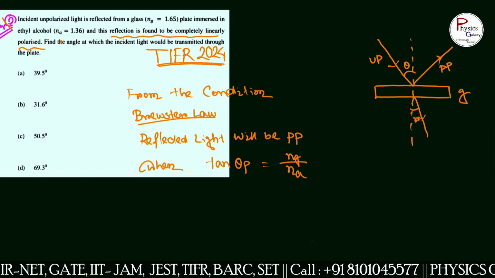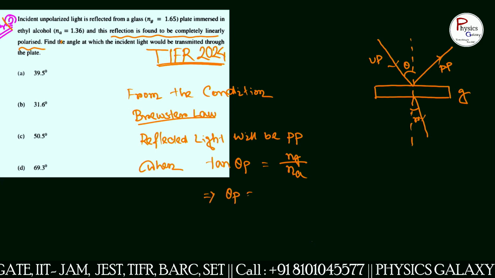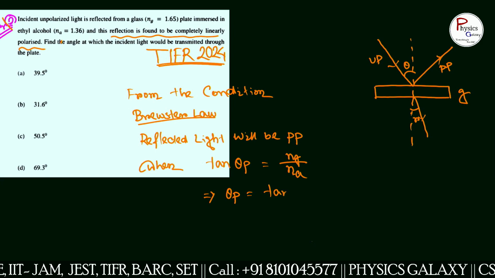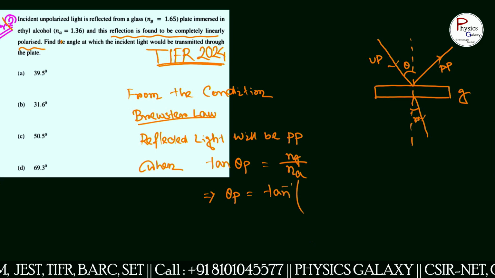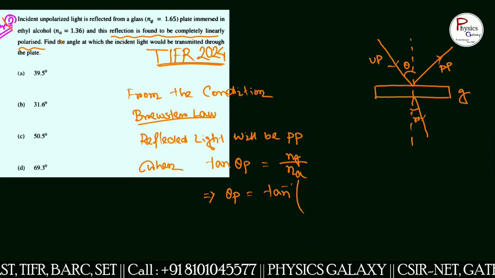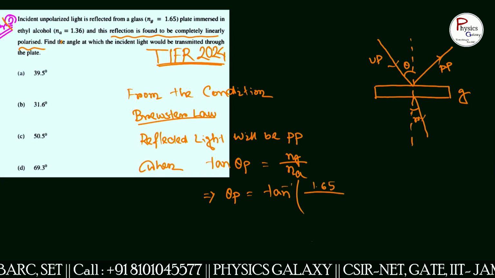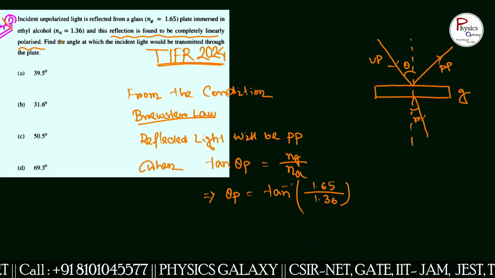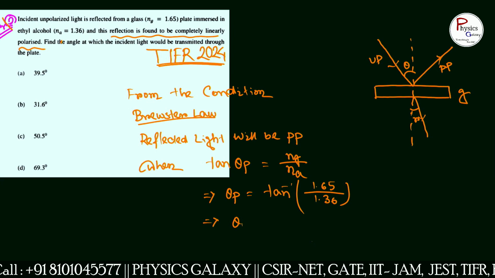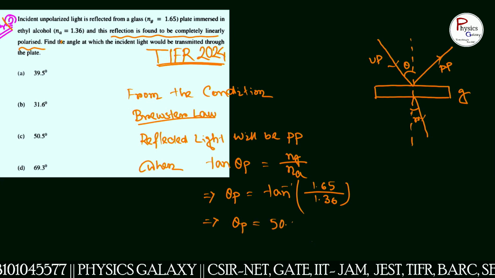So from here we can calculate theta p. Theta p equals tan inverse of the refractive indices of the two media, which were given. Ng value is 1.65 and Na is 1.36. If we calculate this, we get the theta p value as 50.5 degree.